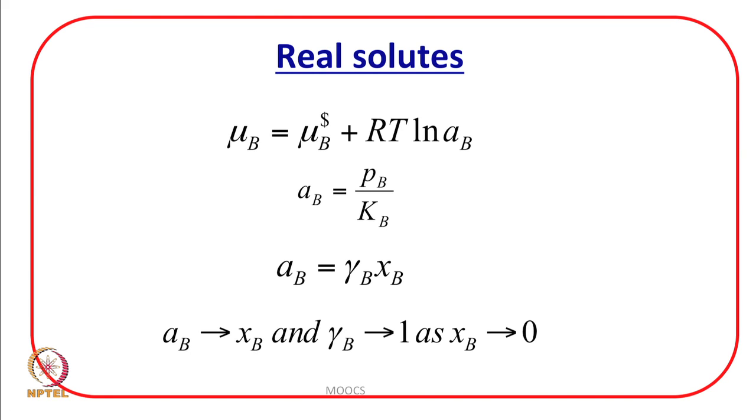When you compare this with the solvent, for the solvent the activity coefficient approached a value of 1 when the mole fraction approached 1, that means when the solvent was approaching purity. But for the solute, the ideal dilute solution is the one in which the solute obeys Henry's law. So, Henry's law will be obeyed when the solute concentration approaches 0. It is then that the activity coefficient will approach 1, and in place of activity we can use mole fraction.